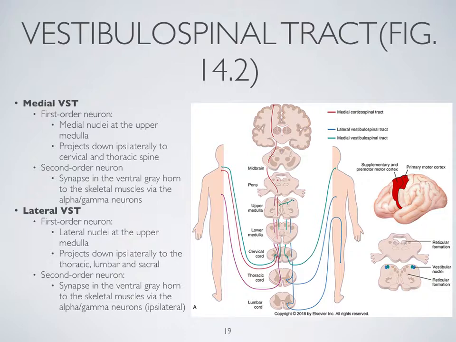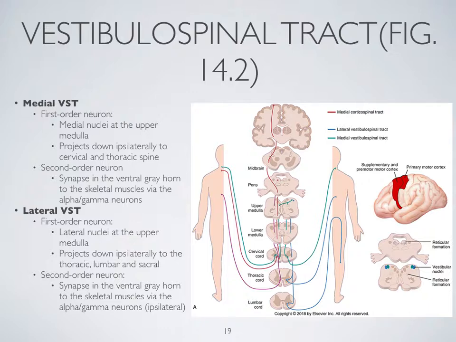So that's how the first order and second order neurons are being facilitated down that descending tract. Remember, they do not originate in the cortices. If we break down vestibulospinal, we're going from the vestibular area in our upper medulla to our spinal tract. So vestibulo will be our first order segment, originating in our medulla.